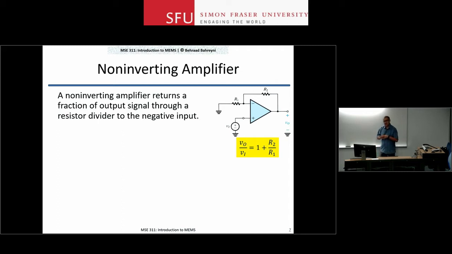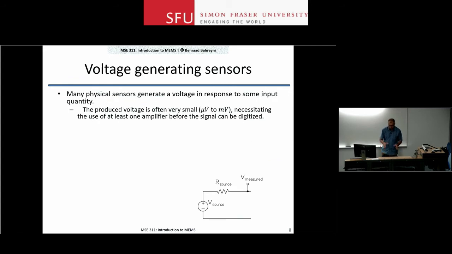So with that in mind, I'm going to go and talk about different types of sensors and the way they produce signals. The first category that we want to talk about is voltage generating sensors. So a lot of the sensors that we talked about, you already know some, produce a voltage at their output terminals in response to whatever you're measuring.